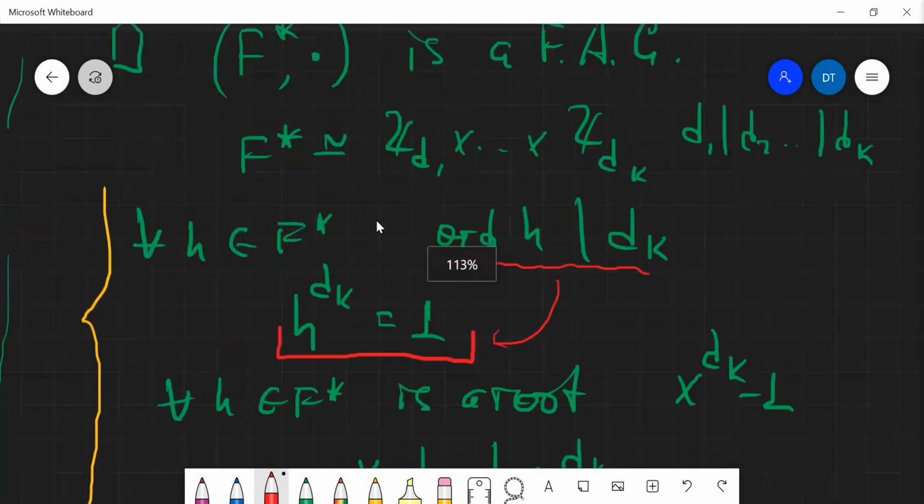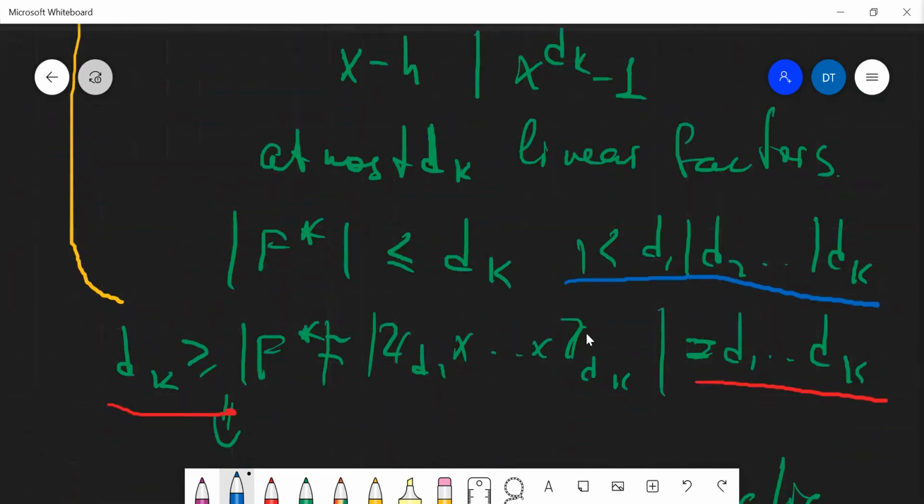Again, okay, so under this isomorphism, let's say it's phi, when you go from the left to the right, let's write this below.